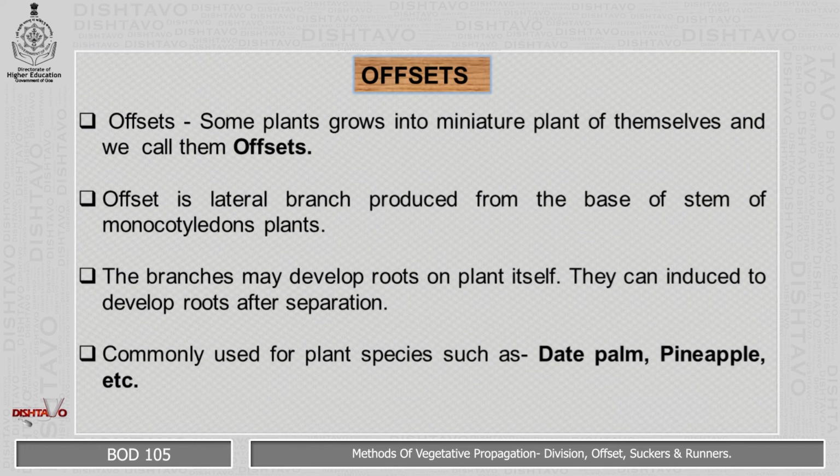Now, what is an offset? An offset is a lateral branch produced from the base of the stem of monocotyledonous plants. The branches may develop roots on the plant itself, and they can develop roots after separation, so that after separation we can plant them as a new plant.